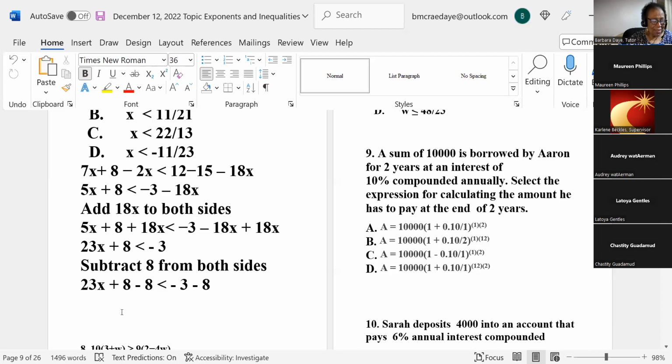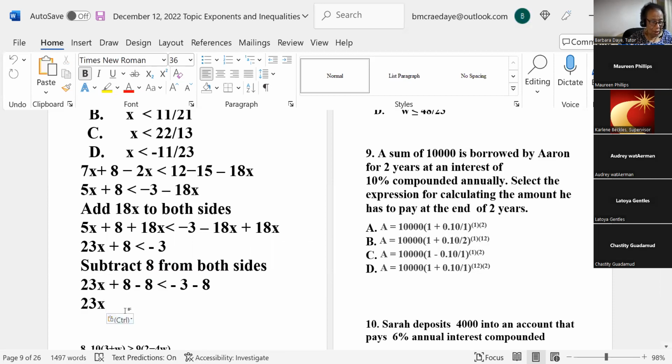This is a 23x. 23x plus 8 minus 8, Maureen, what's that equal to? 23x. Don't throw away your x. Because plus 8 and minus 8 is 0, you'll just have 23x on the left side.